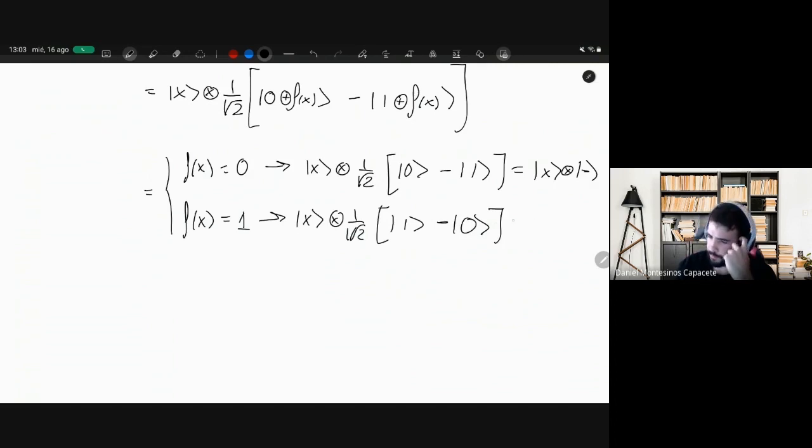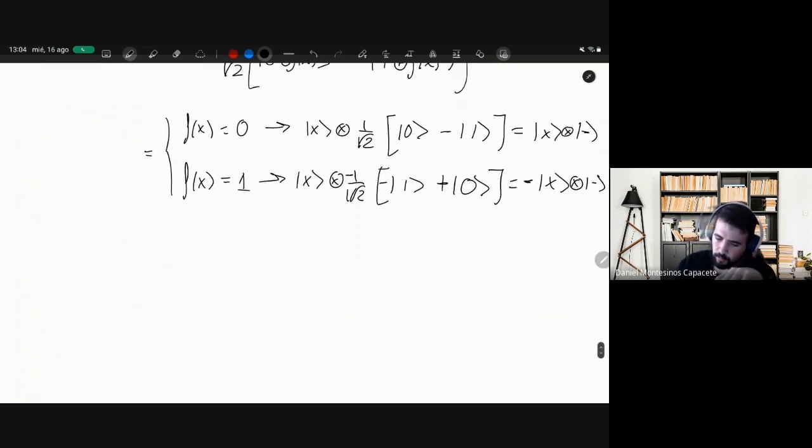So this is just minus this other vector here. Take the minus out, so there will be a plus here and a minus here, and it will be the same, right?